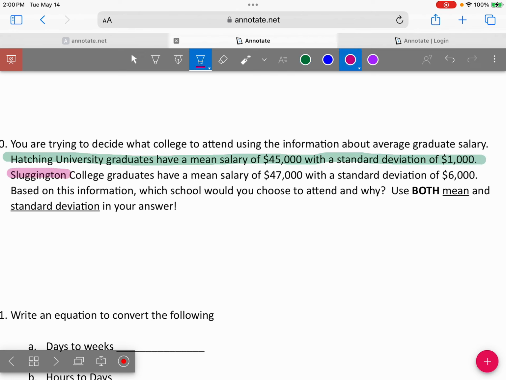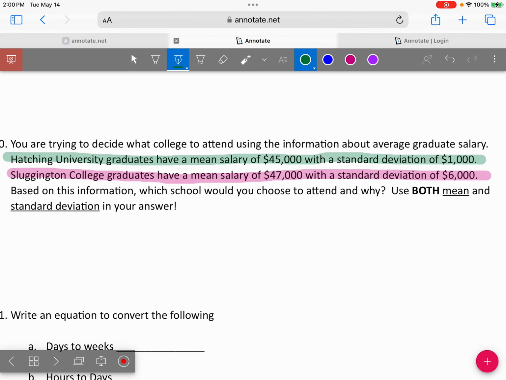And then Sluggington College has a mean of 47,000 and a standard deviation of 6,000. We need to use both mean and standard deviation. Just looking at these two values, we see that Sluggington has a higher mean. I would love to have a higher salary. That's great. However, we have to remember what that standard deviation means.